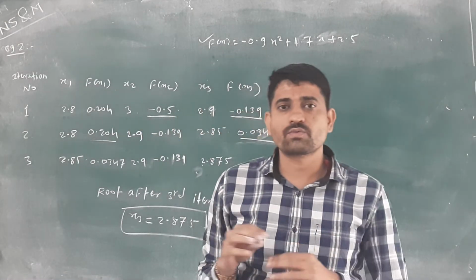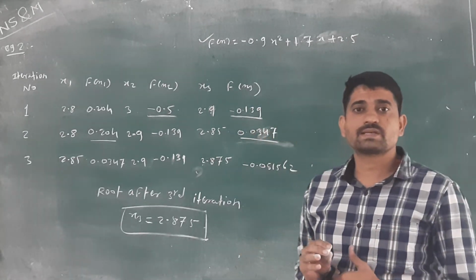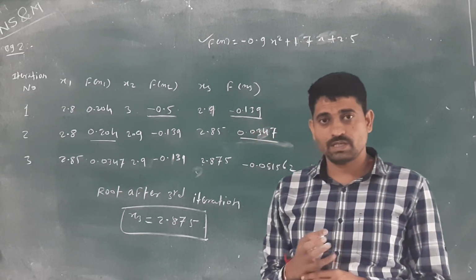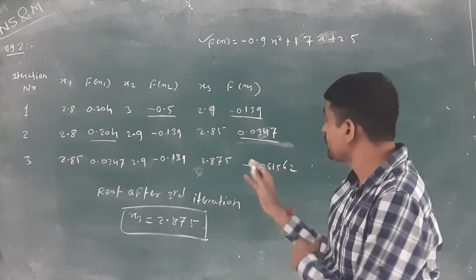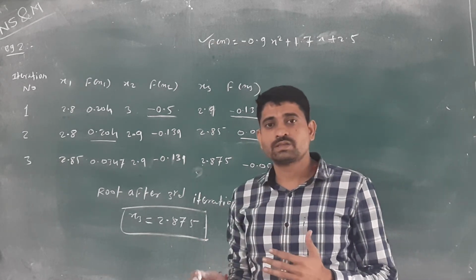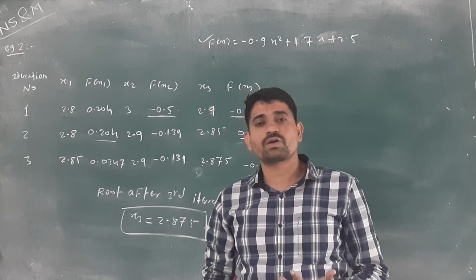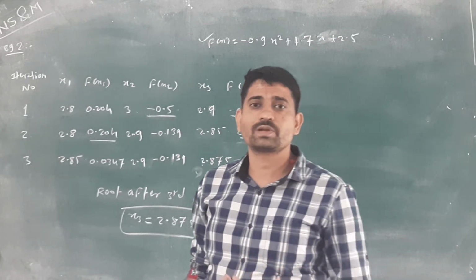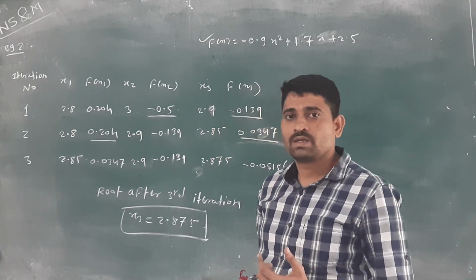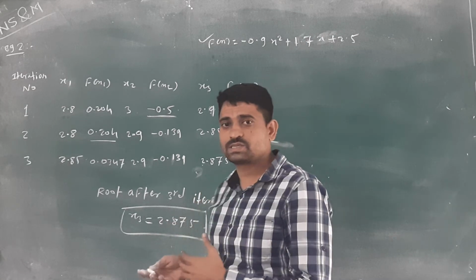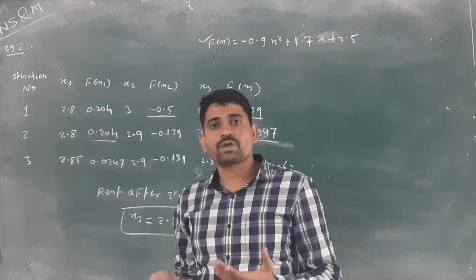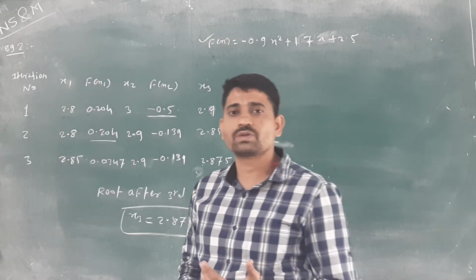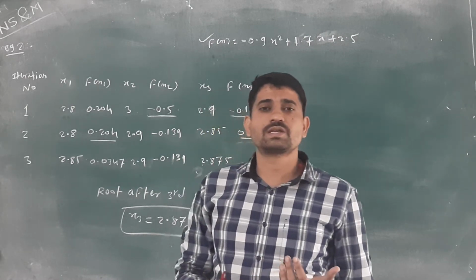Are all of you getting how to calculate the number of iterations? Because in the examination you will get this question for 10 marks. I have solved both ways. If you are given the accuracy 0.001, in the last lecture we saw how to achieve that accuracy with the help of the number of iterations. And if you are not given initial guesses, in the last lecture we saw how to find the correct initial guesses.